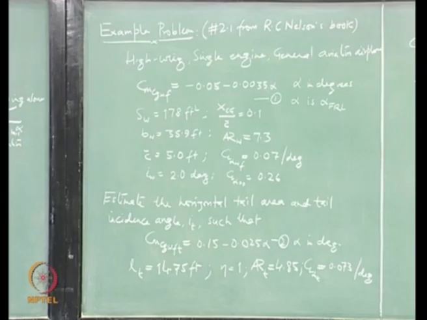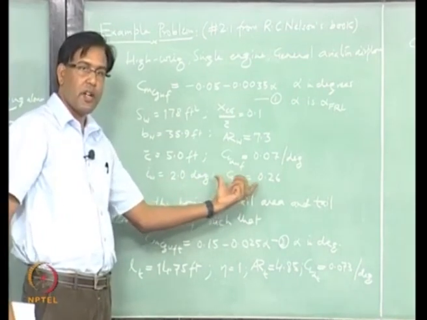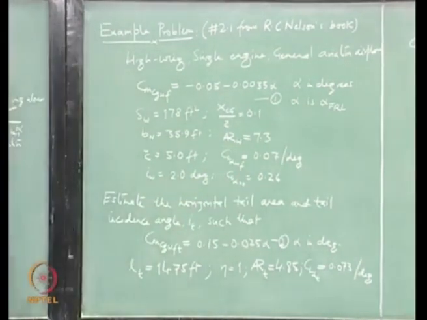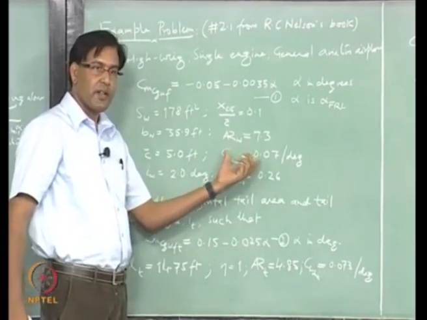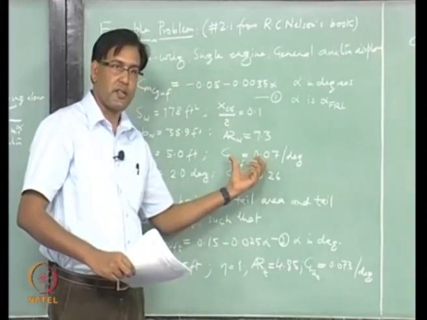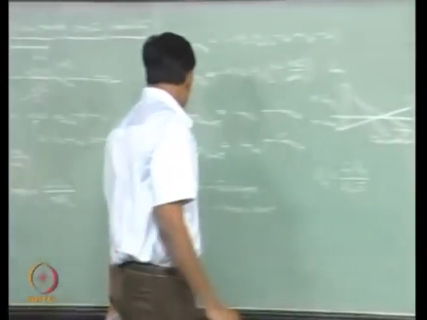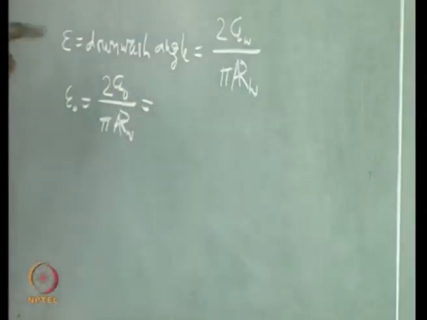Here what we have been given is C_L at alpha equal to 0 for the wing fuselage combination, but the fuselage will not have much. Similarly here also, this C_L alpha which is given for the wing plus fuselage combination will actually represent mainly the wing contribution, right. So we can find out what this epsilon naught is using this expression.